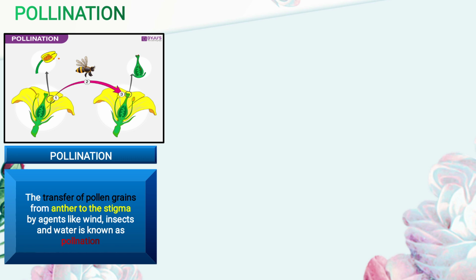You see another flower, the third number is highlighted, that is the female reproductive part. It contains the swollen part, the ovary, and inside the ovary you see a green small seed-like structure, that is the ovule. So this pollen grain has to go and fuse with the egg cell present in the ovule. So who will take this?